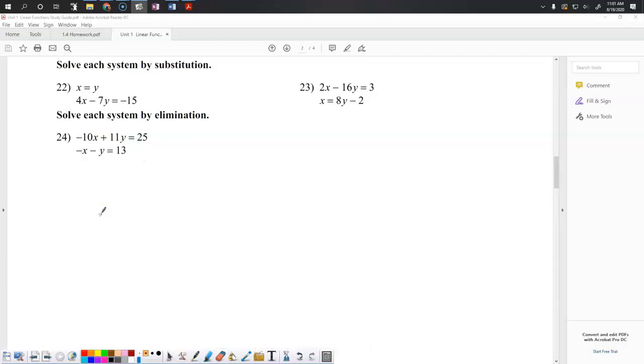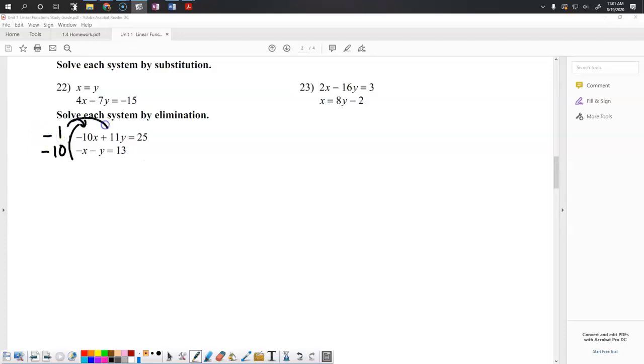Okay, so I'm going to go ahead and choose to cancel out the, let's say the x's, okay? Next thing I'm going to do is get rid of this 24 really fast, get that out of the way. We want to take the coefficients off of the x's and reverse them. So I'm going to take the -10 in front of the x and put it on the bottom there. And I'm going to take the -1 off of the x on the bottom there and put it on the top.